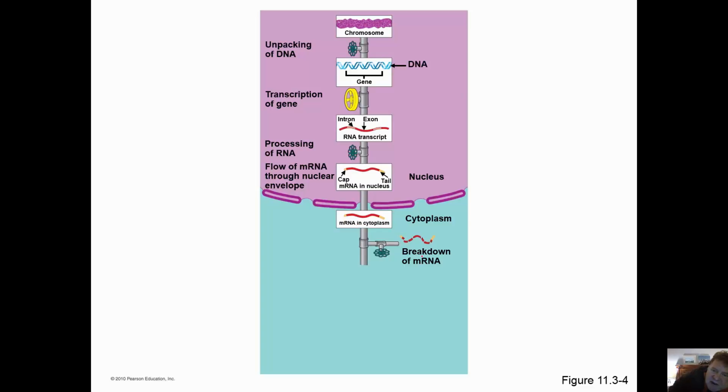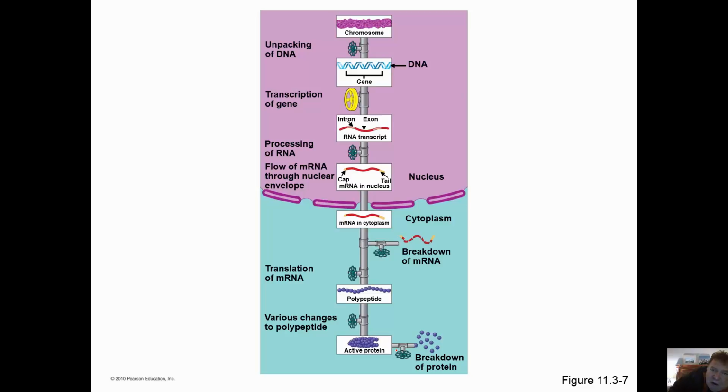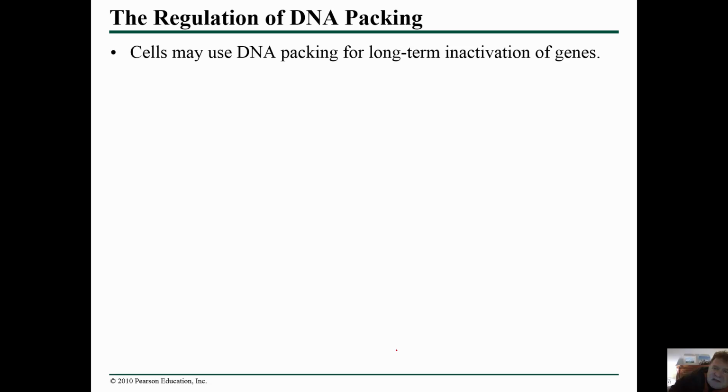This messenger RNA can also get broken down and has a certain half-life. Once we make the peptide, it doesn't always stop there; the protein itself needs to fold up into an active form, and the protein can be broken down either quickly or not so quickly. So there's lots and lots of genetic regulation that we will see there.